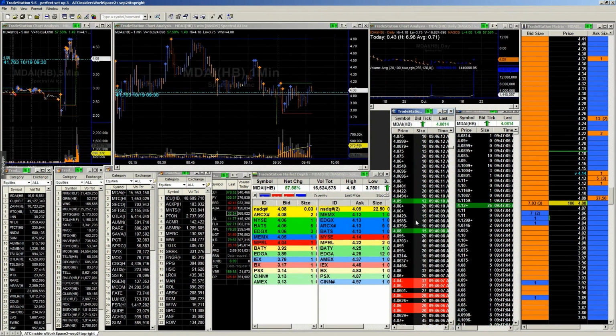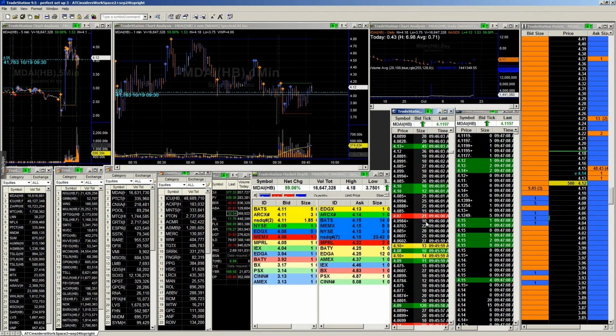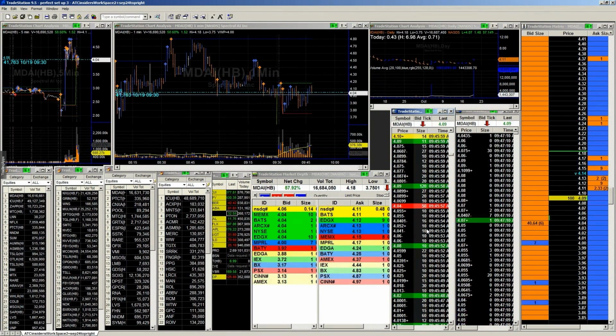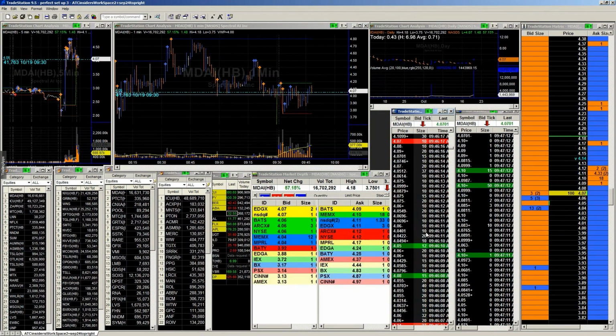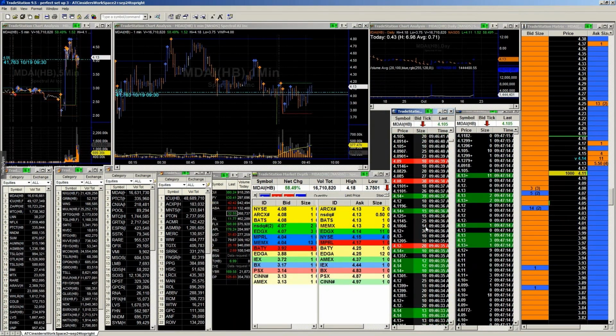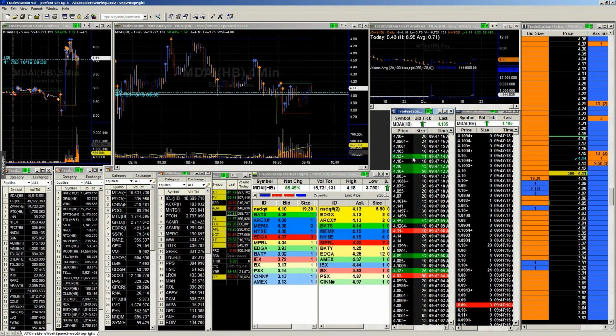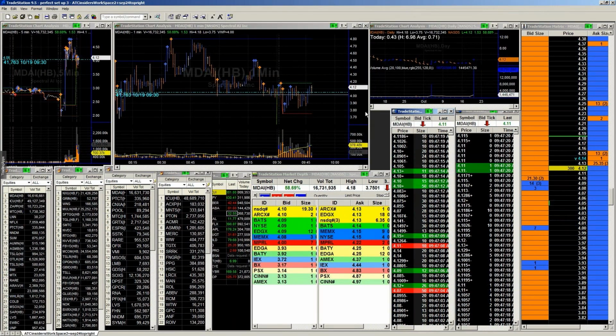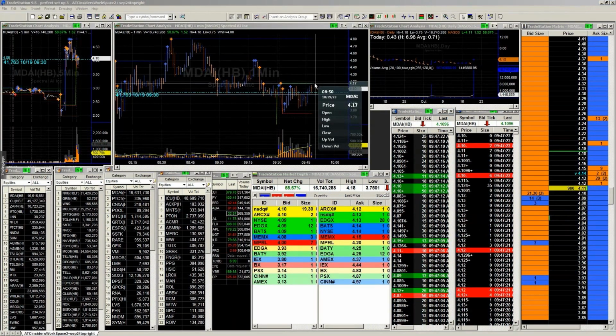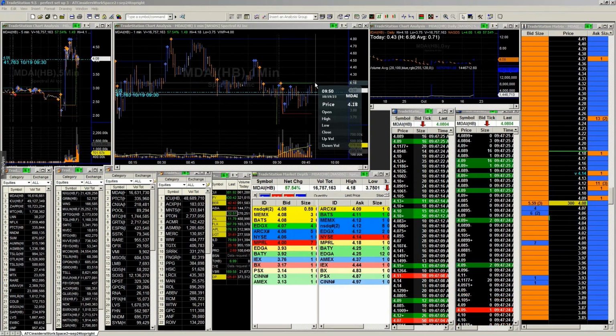Just a lack of substance at the moment. See how we came out and really no follow through here? Really like to see prints for it to be able to break this orb line.